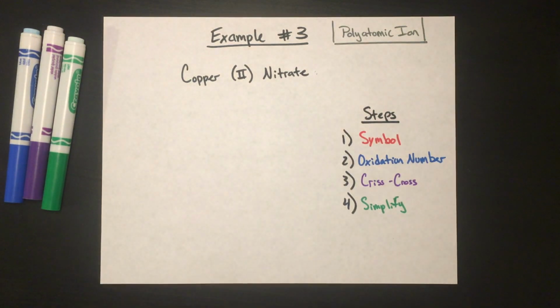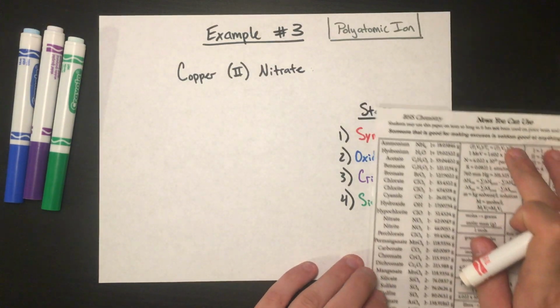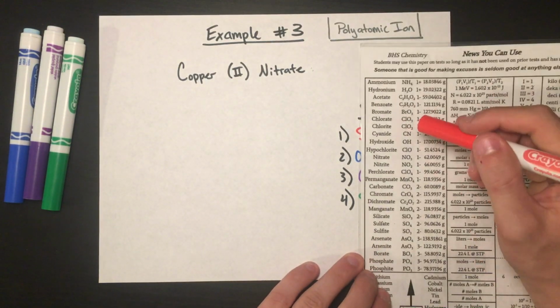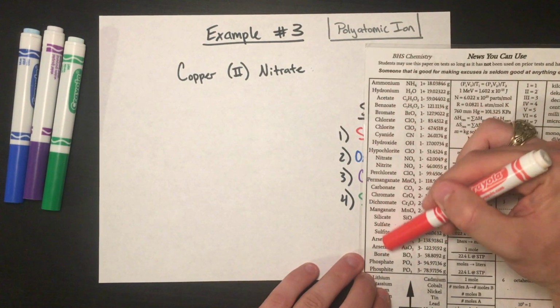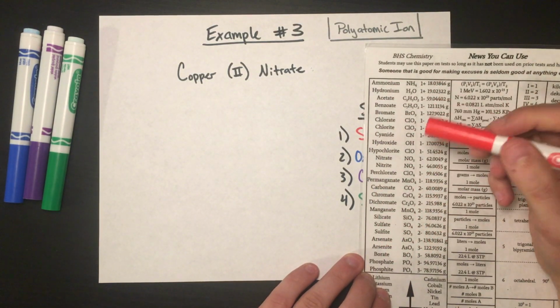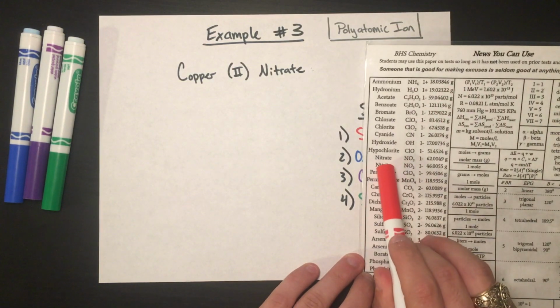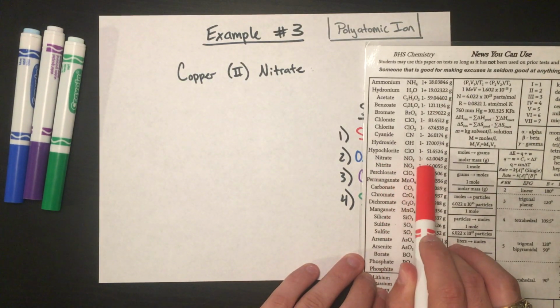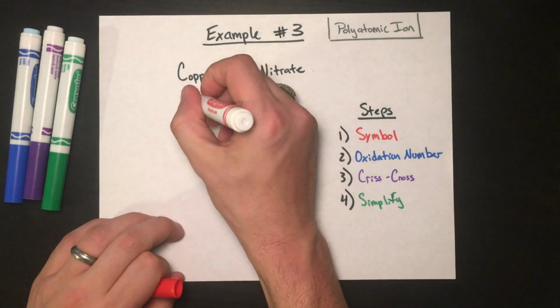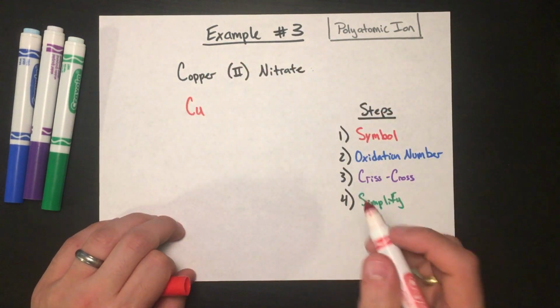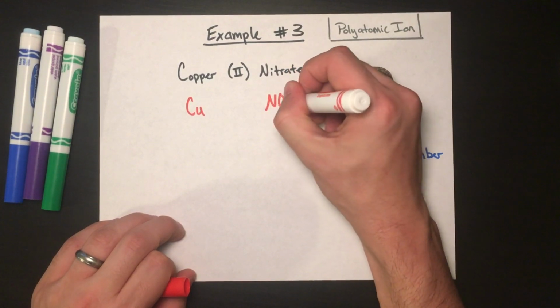For polyatomic ions, what I would recommend is that you look on your News You Can Use, and if you see this big chunk right here, this is all of the polyatomic ions that you need to know. So in this case, nitrate is NO3 1-. So when we write our symbols, copper we know is Cu, and then nitrate is NO3.